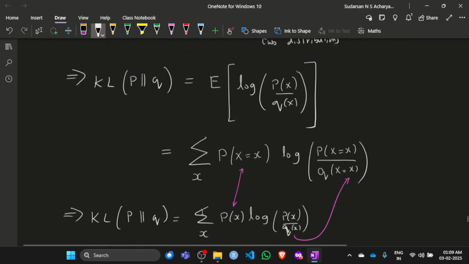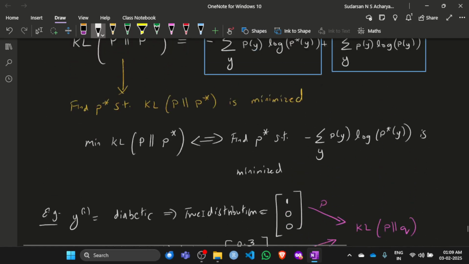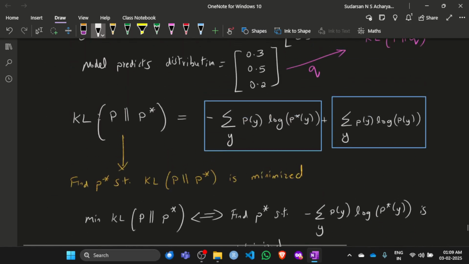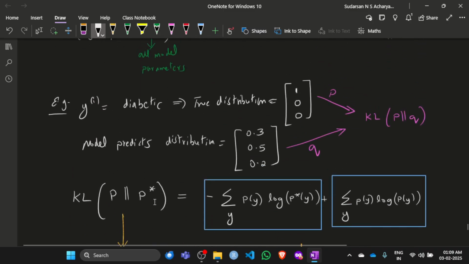So when we are saying we are minimizing the categorical cross-entropy loss, what we are actually doing is minimizing the KL divergence, how different the true distribution of the output label is from the distribution, which is basically the probabilities that the model gives us, the difference between P and P star.